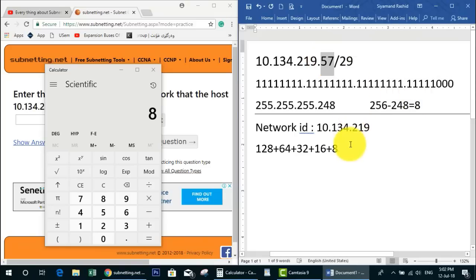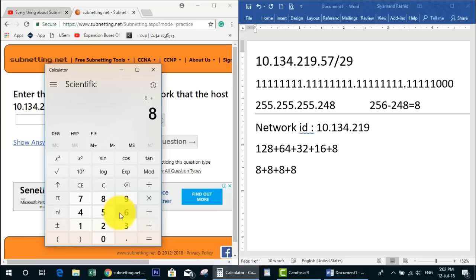So what we do: 8 plus 8 plus 8 plus 8, let me use the calculator here. The number should be bigger than this number. So we got 56 plus 8, 64.